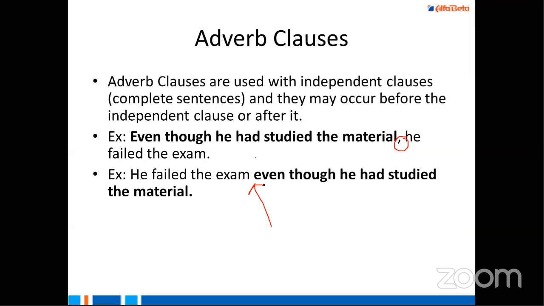The comma usage is basically indicative of a small gap when we speak. In the first example, this one right here, how people would normally say this is like this: Even though he'd studied the material, he failed the exam. There's a tiny gap. That is basically the comma.